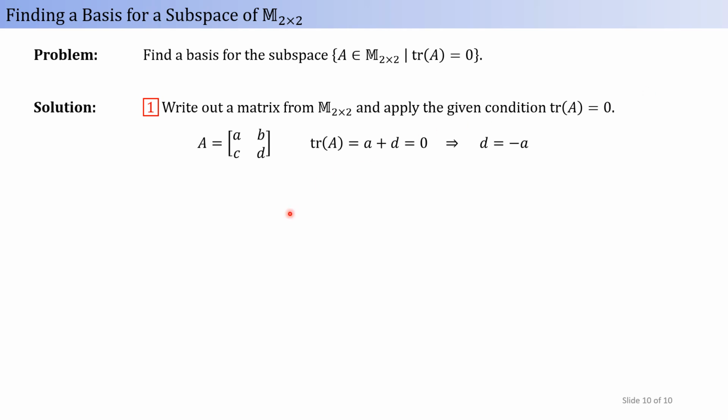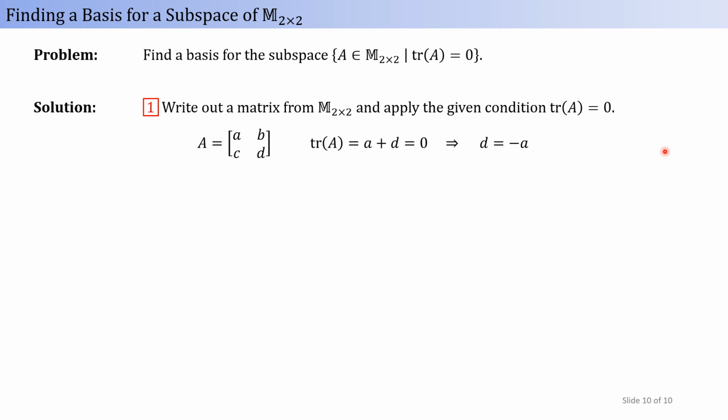So make up some 2 by 2 matrix with entries a, b, c, d, and the trace happens to be the sum of the diagonal entries. The requirement is that the trace has to be 0. So algebraically, that tells us that d must be negative a.